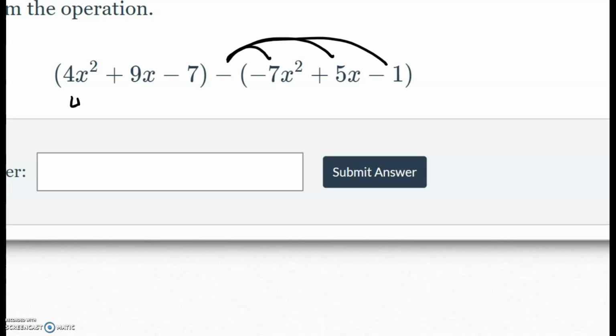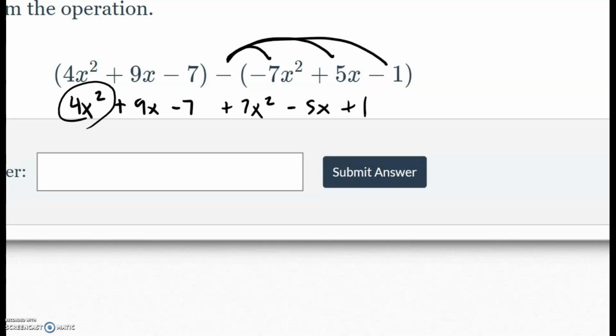So I'm going to distribute this negative to everything back here. I like to just rewrite the problem. 4x squared plus 9x minus 7. And then when I do a negative 7x, that is a positive 7x squared. And then a minus 5x and a plus 1. So now I'm just looking at that expression that I wrote down and I'm simplifying it. So I have 7x squared and 4x squared.